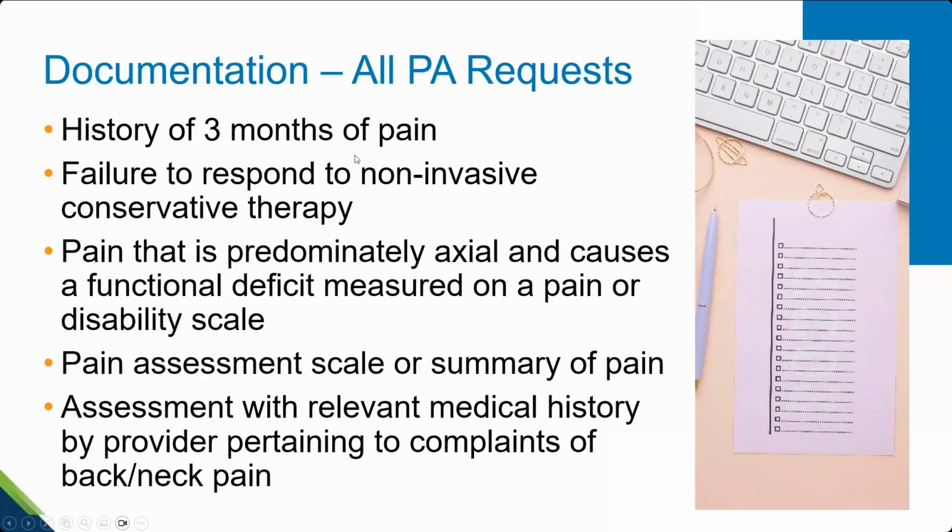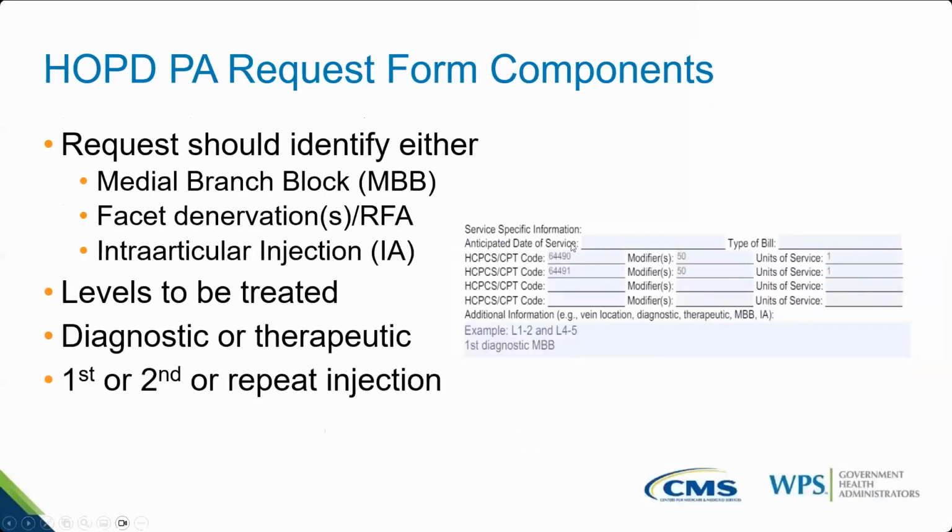Now, we know we have a history, and we know she's got failure to respond to non-invasive therapies. And we had documentation that the pain was predominantly axial, and pain scales and assessments. So the things that we were missing are what they want and what they're actually planning to do.